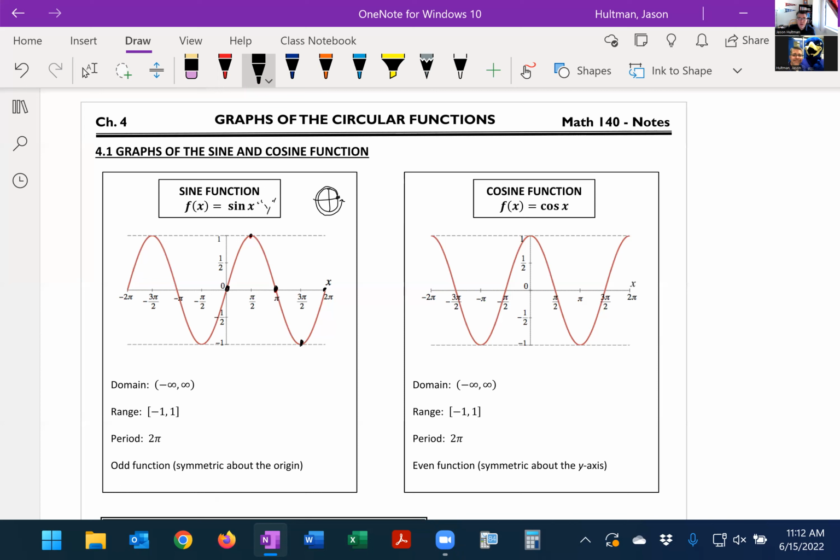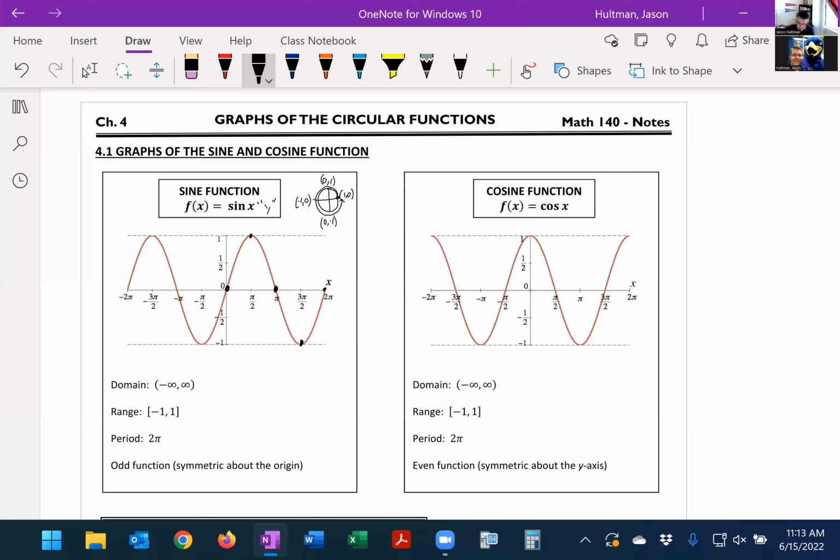And so the y value starts at 0, because it's at 1, 0 on the unit circle, and then it goes to 1 at pi over 2, and then the y value is again 0 at pi, and then the y value is -1 at 3 pi over 2, and then at 2 pi it goes back to 0.